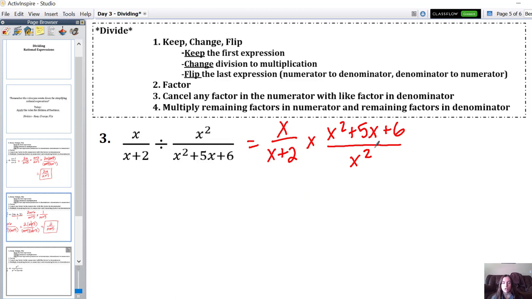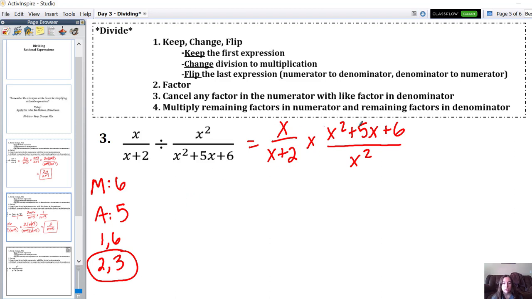Now I'm going to multiply straight across, but before I do that, I'm going to go ahead and factor this trinomial. That's my new numerator. So I'm going to see what multiplies to 6 that adds up to 5. So our factors of 6 are 1 and 6, or 2 and 3. Those factors need to add up to 5, so we're going to use the 2 and the 3.